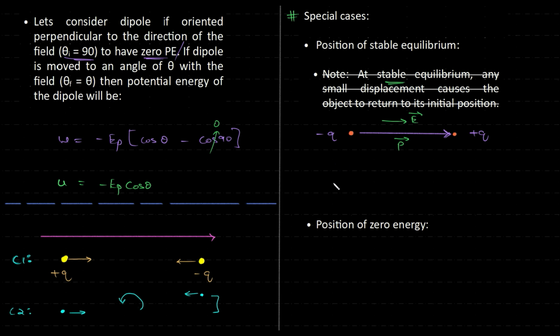That would be your answer, and that's the position of your stable equilibrium. The position of zero energy is theta equal to 90 degree, because U equals minus EP cos theta will be equal to 0 joule for theta equal to 90 degree. As simple as that.